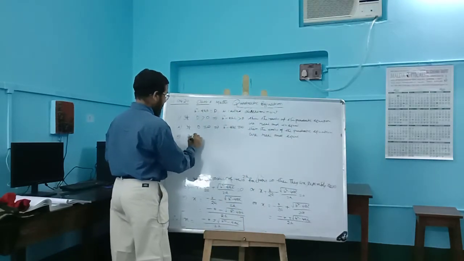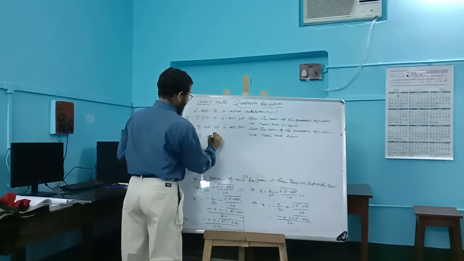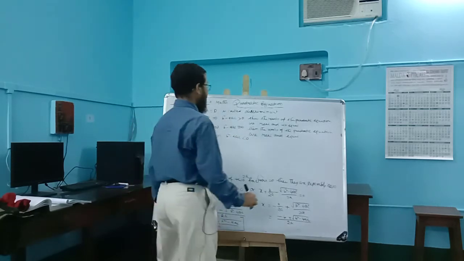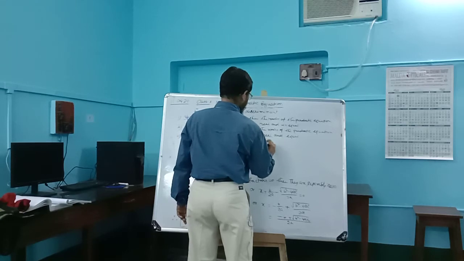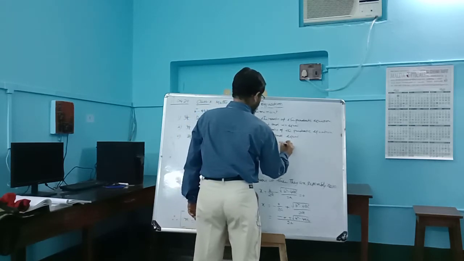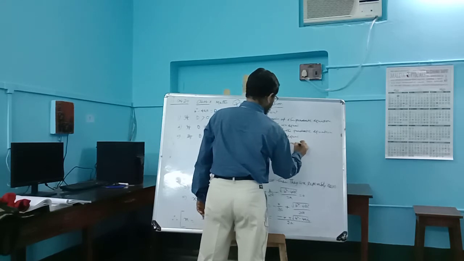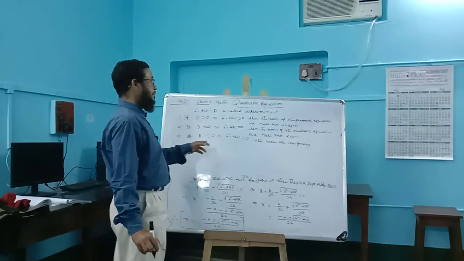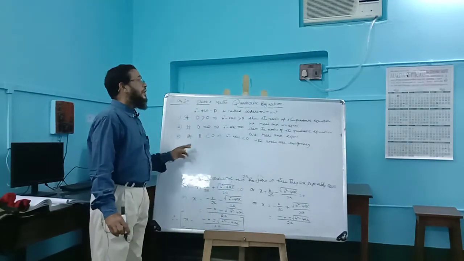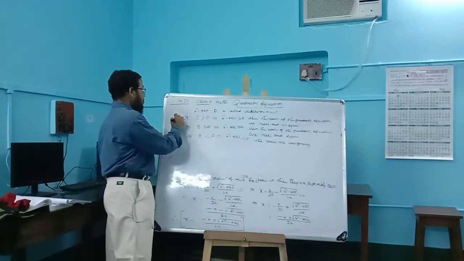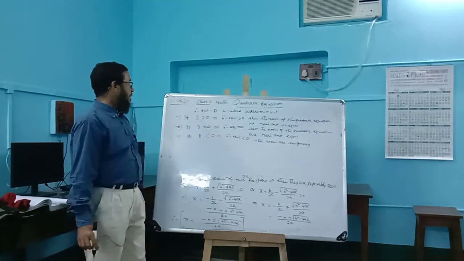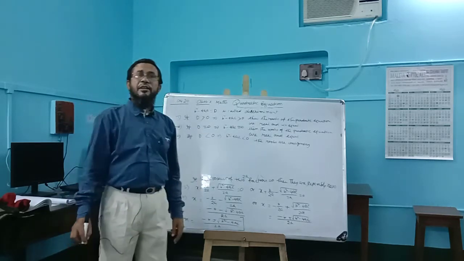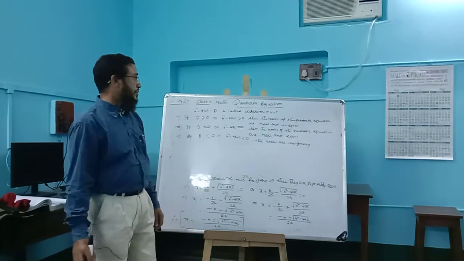Number 3, if d less than 0, implies b square minus 4ac less than 0, then the roots are imaginary. This is beyond our syllabus. These two properties are most important for us. Out of these two, number 2, if discriminant equal to 0, it is very important for us.